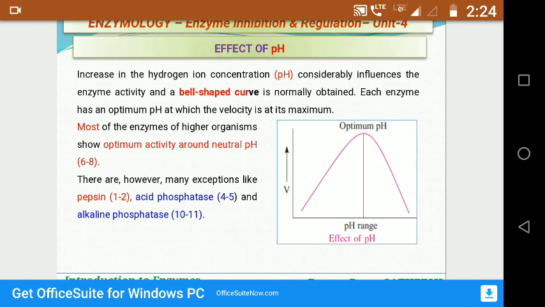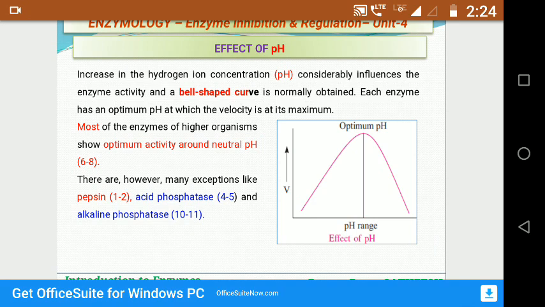All amino acids will have different net charges at different pHs. We already know about the zwitterions and isoelectric point. We have seen all these things in the first year itself.